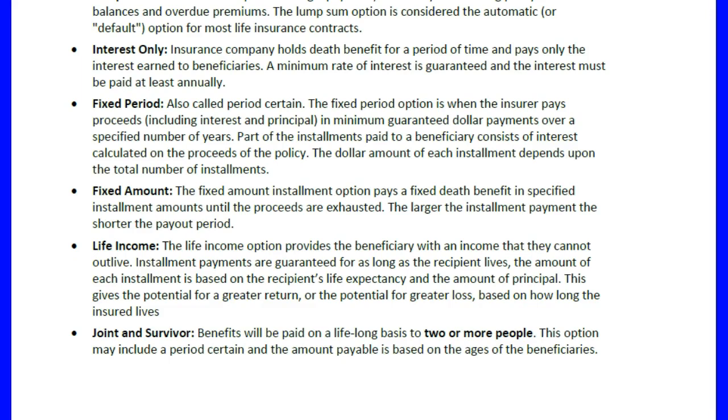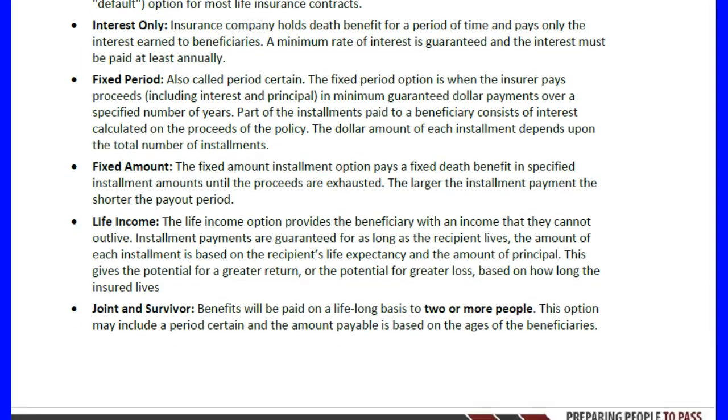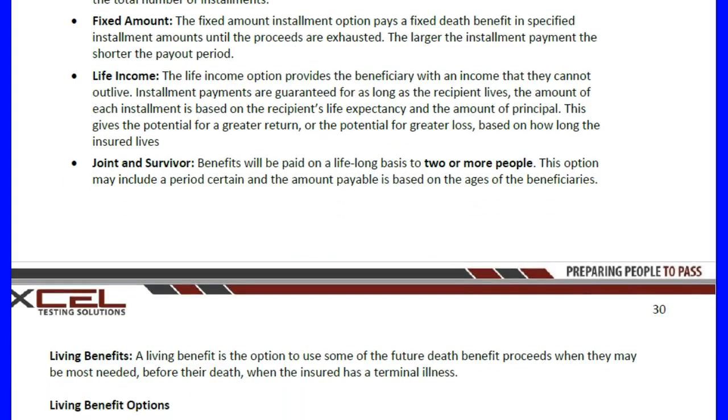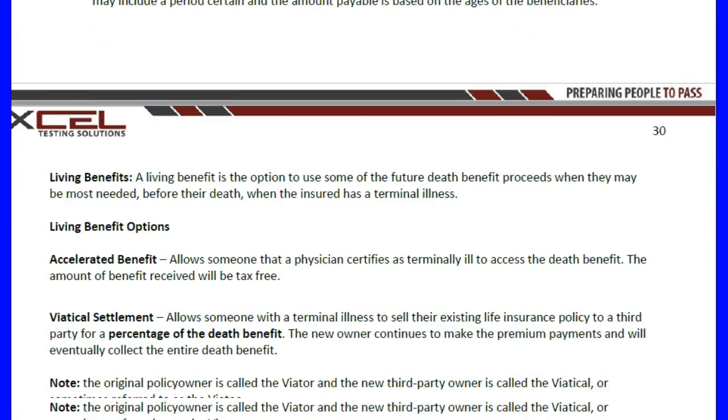It gives the potential for greater return or potential greater loss based on how long the insured lives. Joint and survivor benefits will be paid on a joint basis to two or more people. This option may include a period certain, and the amount payable is based on the ages of the beneficiaries.